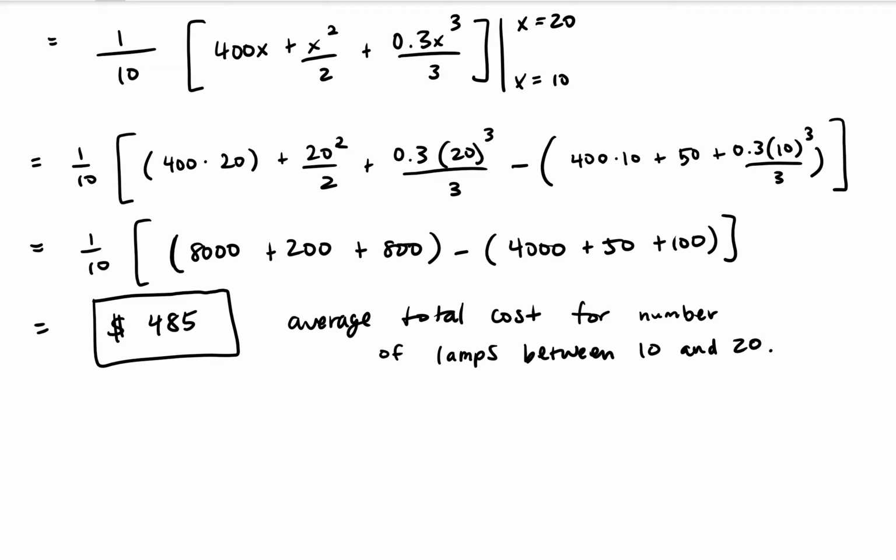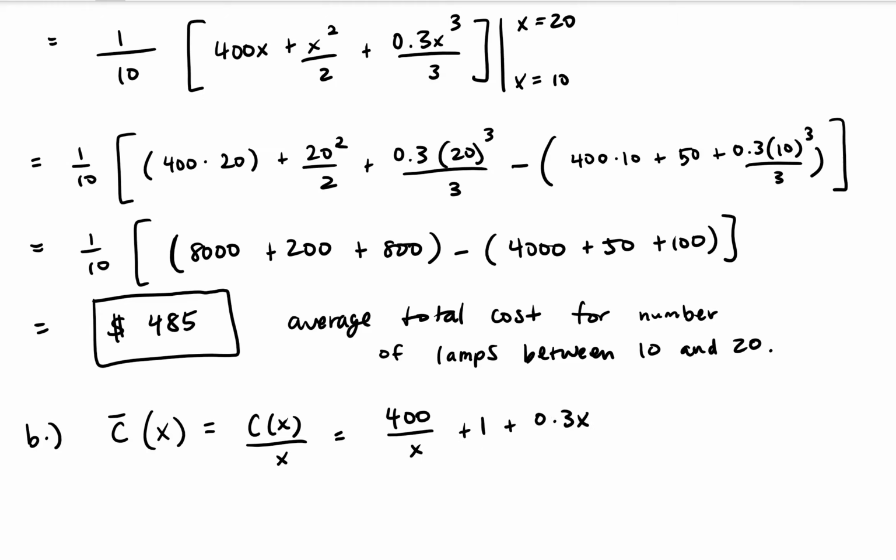And then part B says find the average cost per unit if 40 lamps are produced. So don't confuse this with question A. This is asking us to evaluate the average cost function when x equals 40. So first we want to figure out what the average cost function is, and that's equal to the cost function over x, which is going to equal 400 over x plus 1 plus 0.3x.